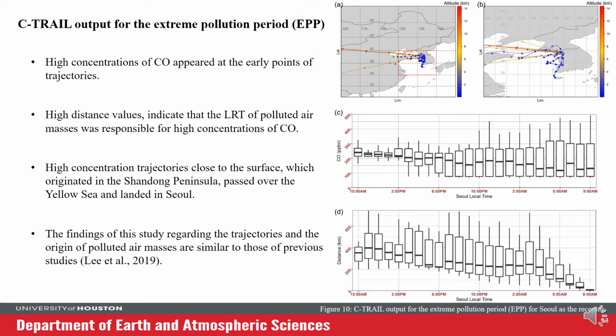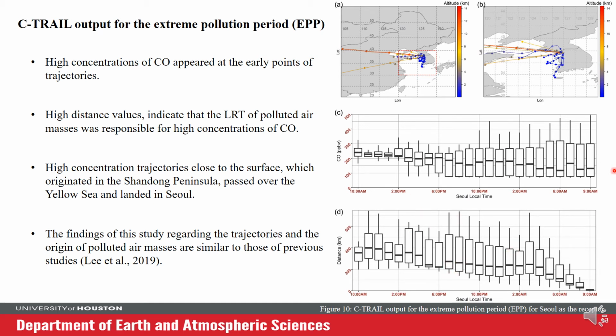During the extreme pollution period, several high concentrations of CO appeared at the early points of the trajectories. So these high concentrations, combined with the high distance values, indicate that long-range transport of pollutants was responsible for high concentration of CO during this period.